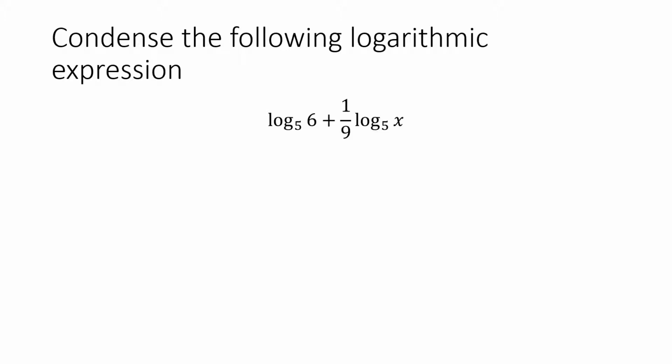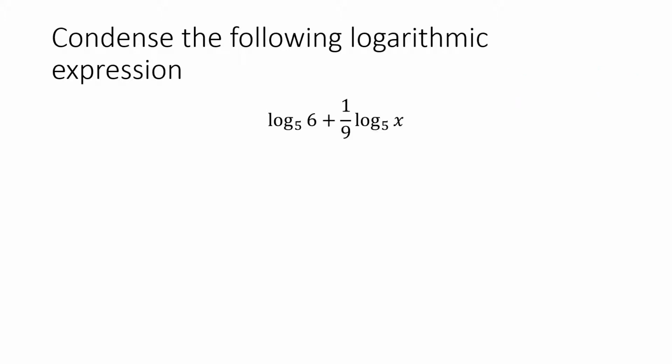In this particular expression, we're going to need to use more than one property. We know that because we're adding, but we're also multiplying a log by a particular value. Why don't we take care of the 1/9 first? The reason is that we want to make it log of something plus log of something so that we can apply our product rule.